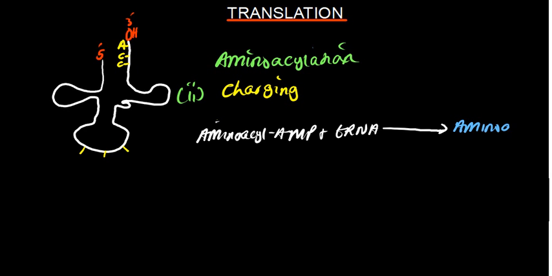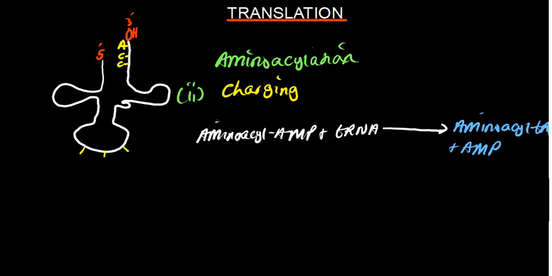Amino acid tRNA here. Then this will be plus this molecule now, AMP. So in this case, we see that an amino acid has formed a complex with the tRNA. That is what we mean by charging of an amino acid at the second step.